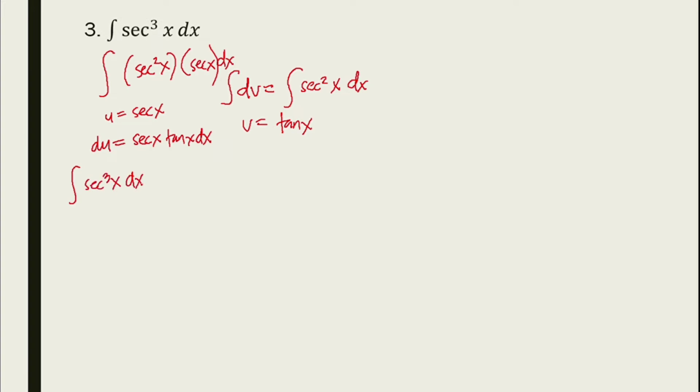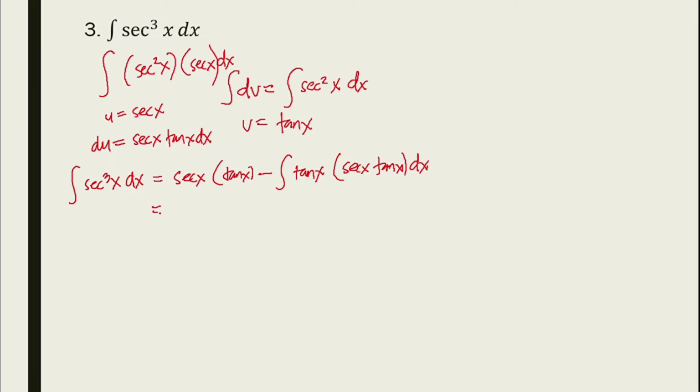So what is our u? Our u is sec x, our v is tan x, minus the integral of v, which is tan x, times du, which is sec x tan x dx.